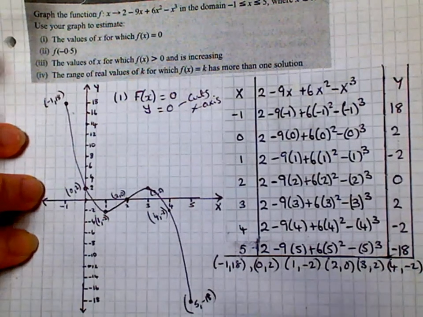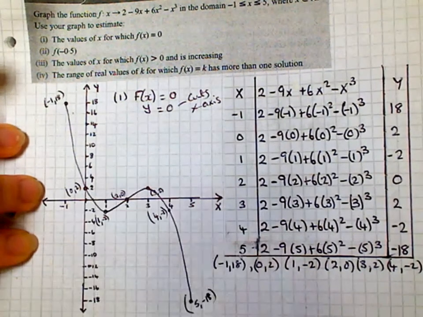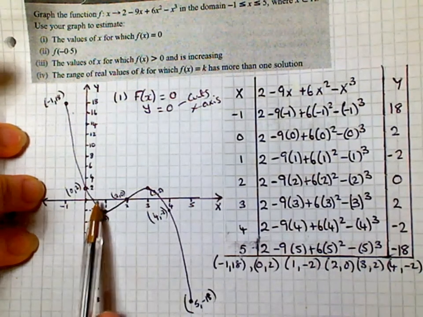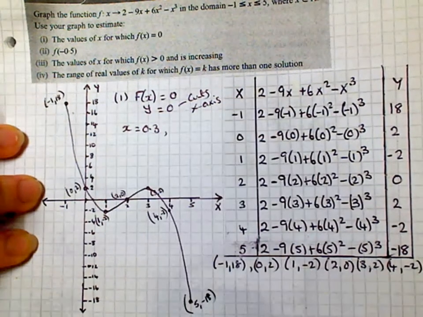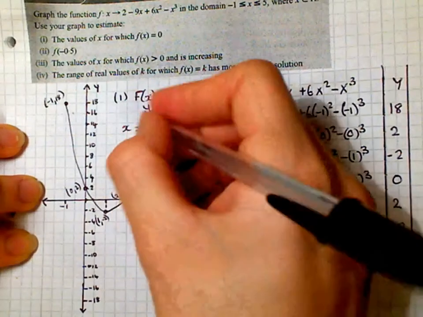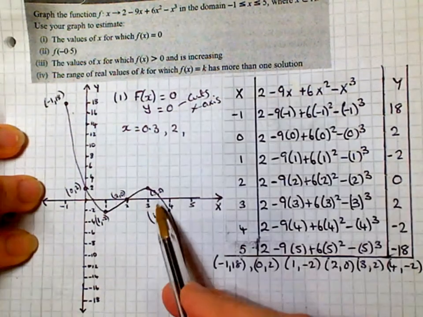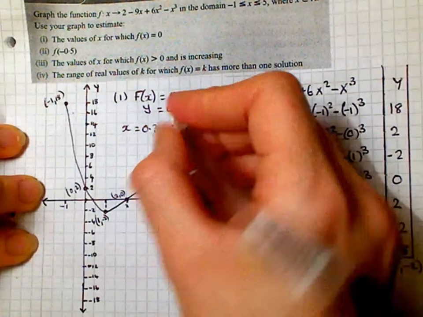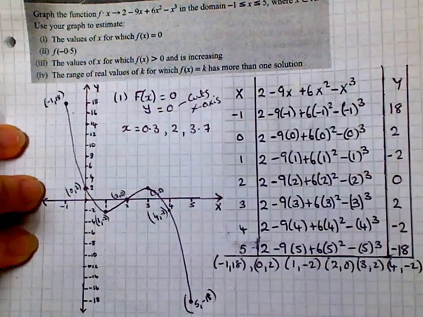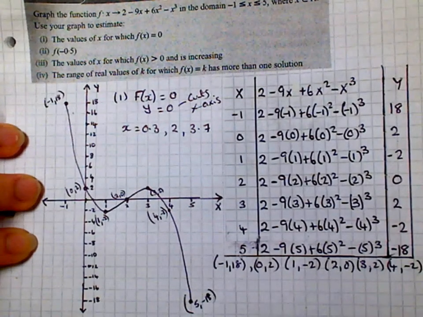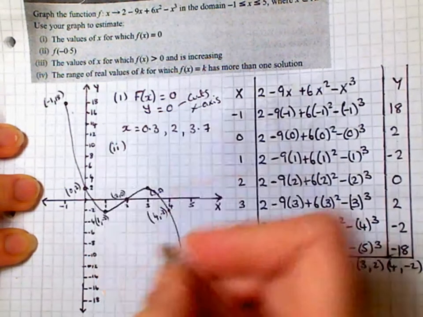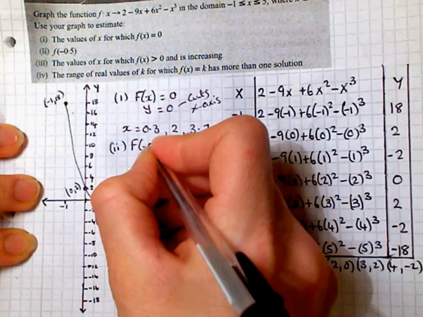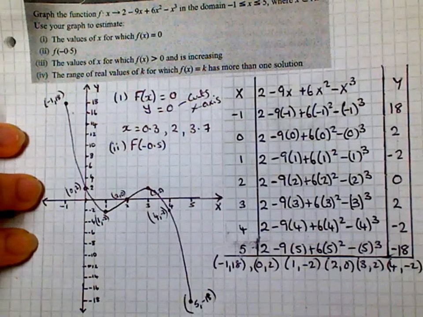Okay, so it cuts the x-axis here at about 0.3, so x will be equal to about 0.3. It'll also be equal to 2, and it'll also be equal to about 3.7. That's part 1.